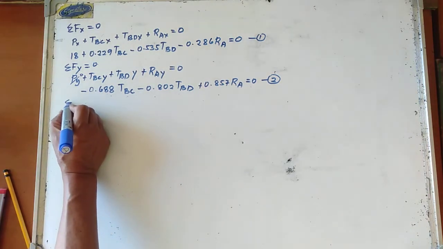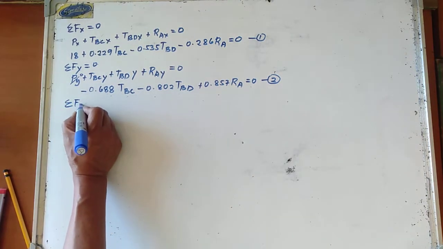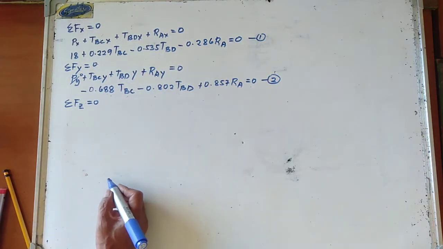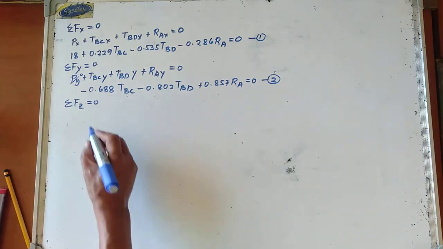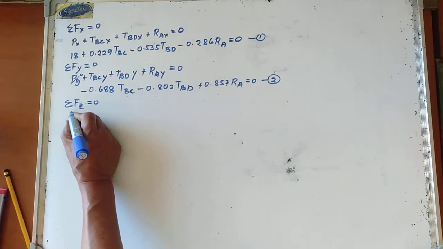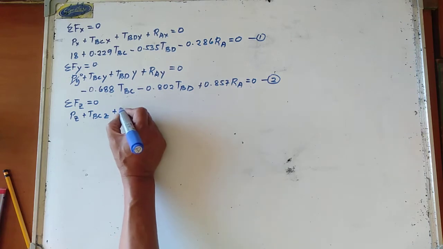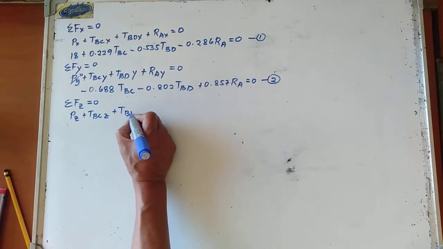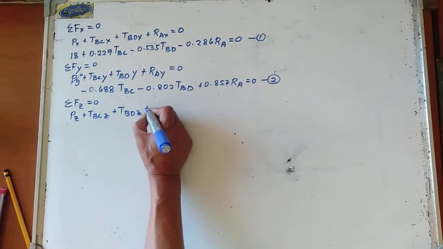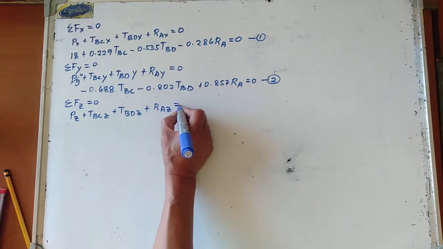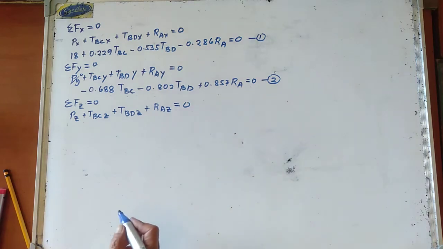Then, summation of forces along the Z is equal to 0. So we now have your PZ plus TBCZ plus TBDZ plus RAZ is equal to 0.